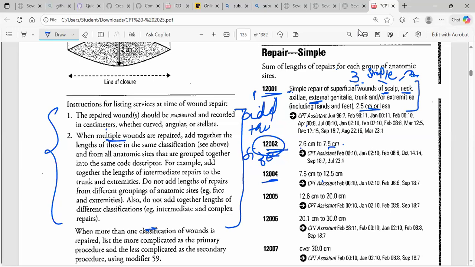And if multiple wounds are repaired, we have to add them together if they are in the same classification or same anatomical locations. Like this is the same classification: scalp, neck, axilla, these are the same anatomical classification. So if there are multiple wounds, we have to add them.